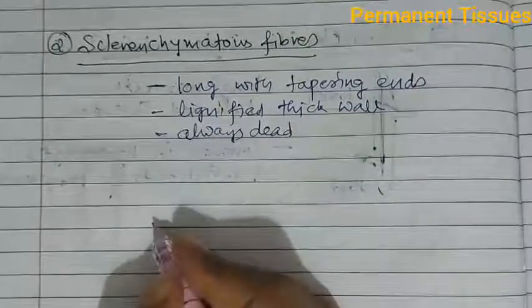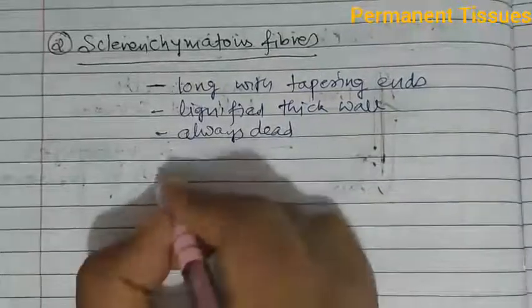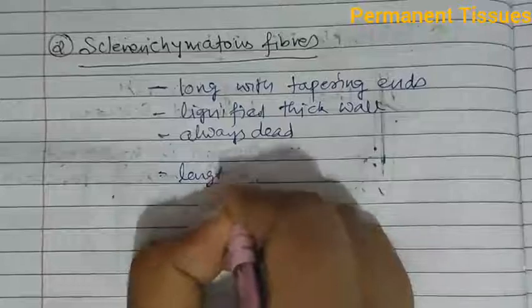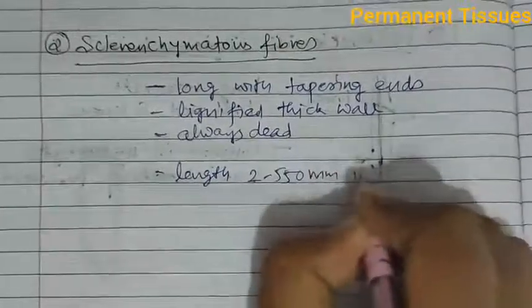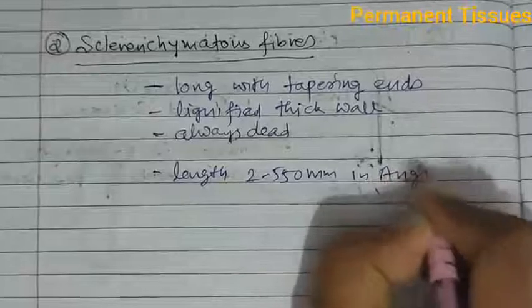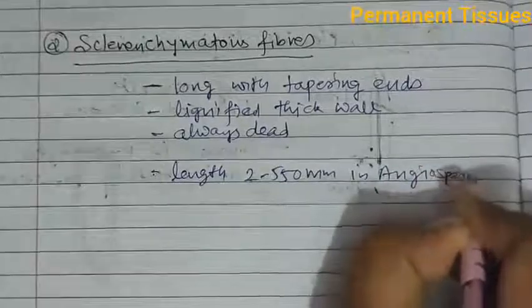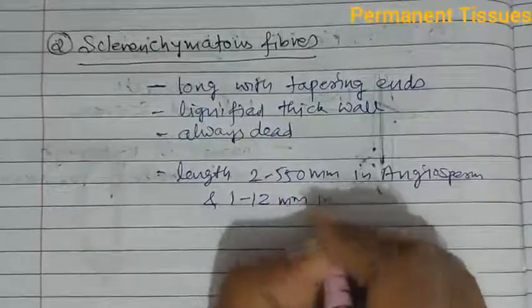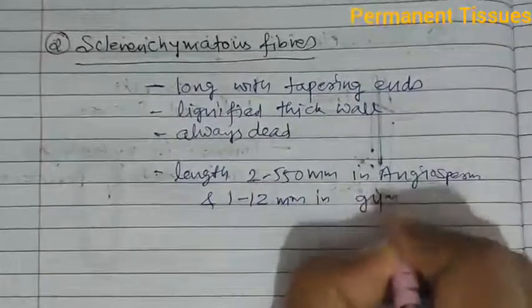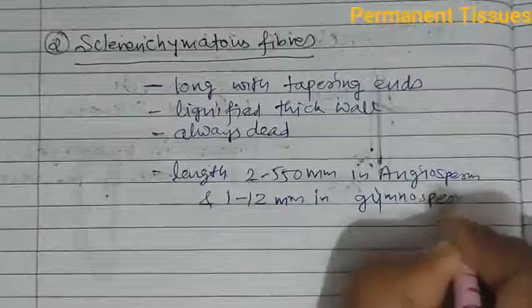The length of fiber varies from 2 to 550 mm in angiosperm and 1 to 12 mm in gymnosperm.